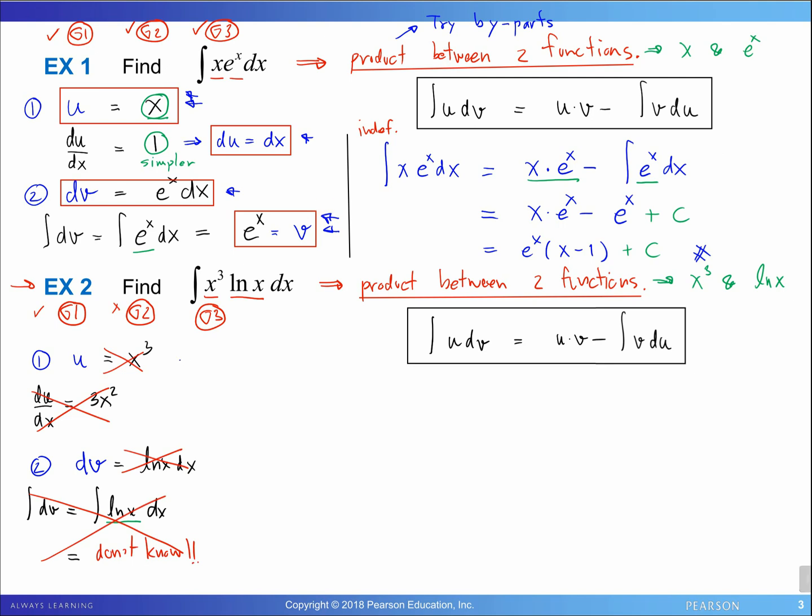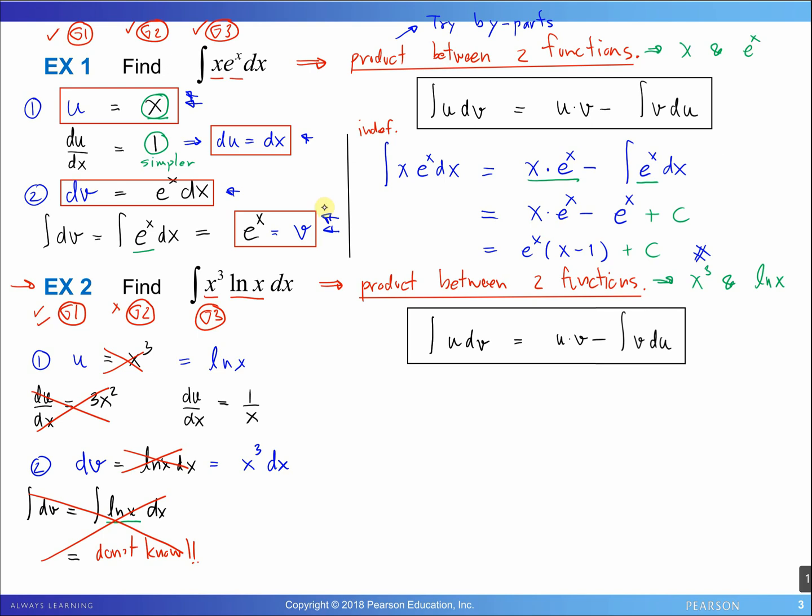u equal to ln x and dv equal to x cubed dx. Now we need to check G1 again. Let's differentiate u. du by dx equal to, now we need to differentiate ln x, and we know we have 1 over x. Since we can differentiate u, G1 is satisfied, so check right here for the second choice.